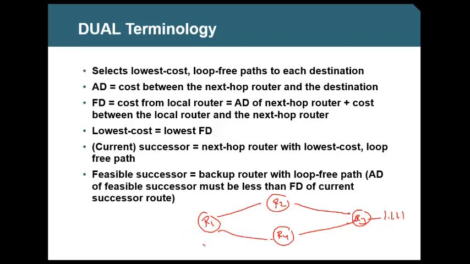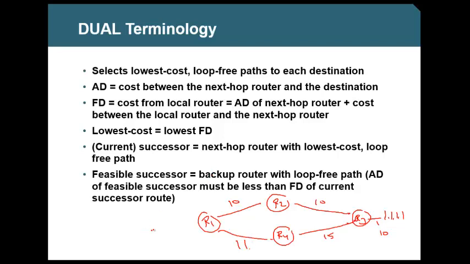Now for R1, there are two paths. Let's say the metric here is 10, here is 10, here is 10. The metric here is, let's say, 15, and here it is 11.